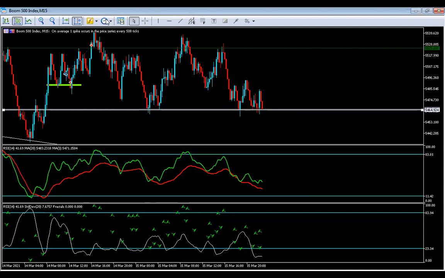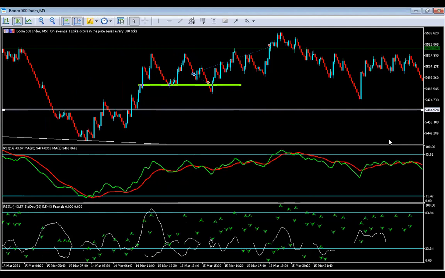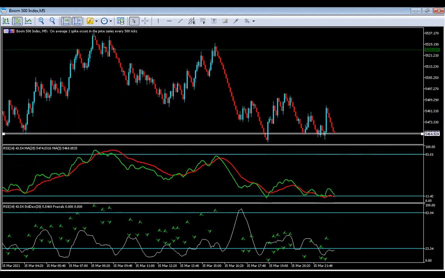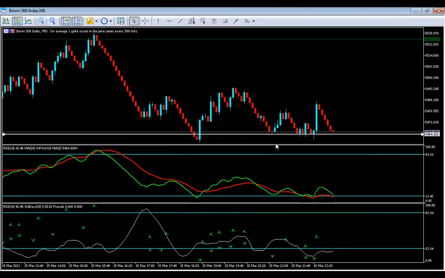Now let me send it to a 5-minute time frame. You get to see that there was a time when the market was selling and here became a support, sending the market back upward. Let me zoom it out a bit more. Here was a support zone for the market going back upward.